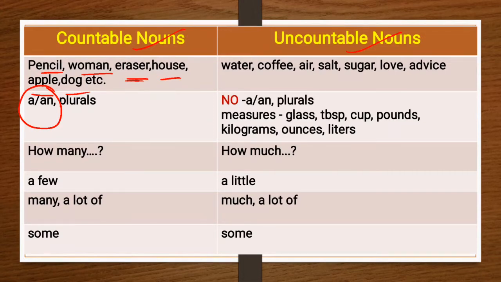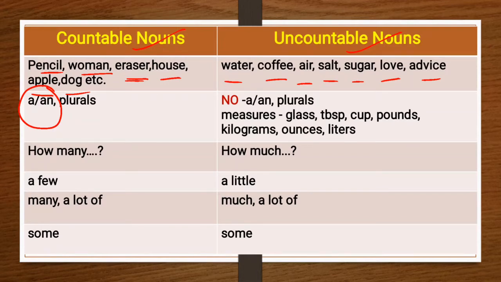Now let's talk about uncountable nouns. Uncountable nouns are those nouns which we cannot count, like water, coffee, air, salt, sugar, love, advice, and so on. We cannot count air. We cannot count water because air is a gas.